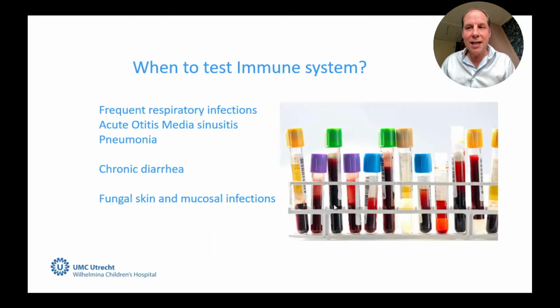And that can be acute otitis media or sinusitis or frequent pneumonias or lower respiratory tract infections. If you are unlucky, you can also suffer a much more severe bacterial infection like sepsis or a meningitis.